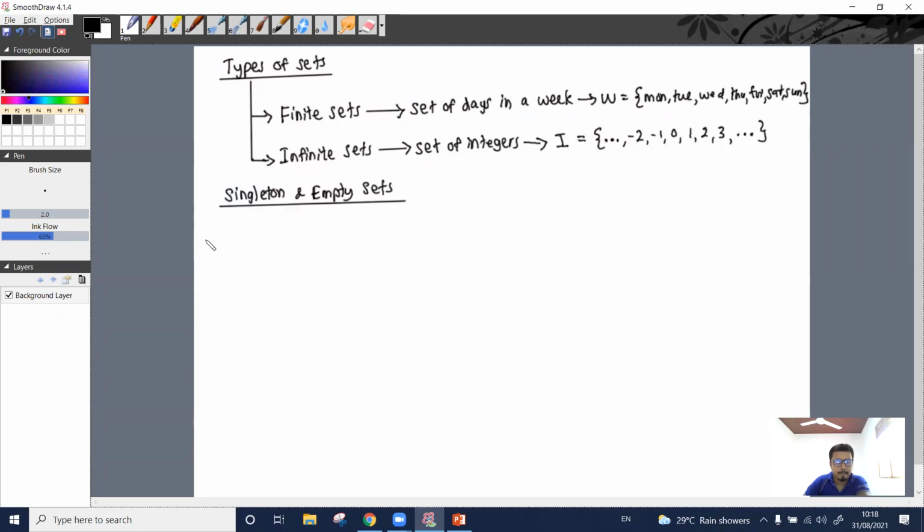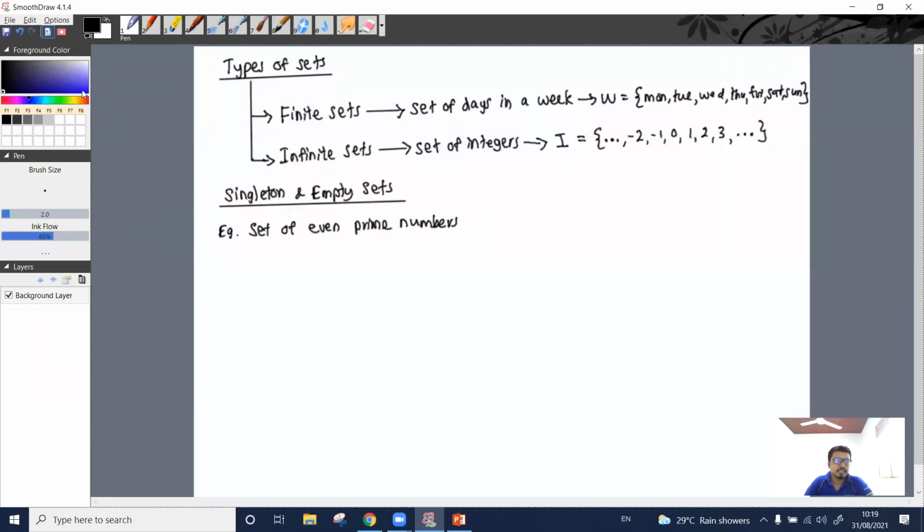Example. If I say like this, set of even prime numbers.